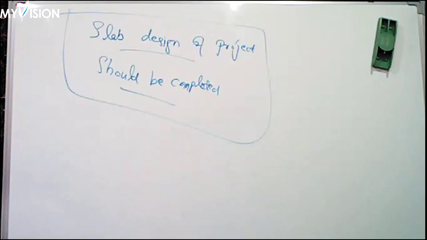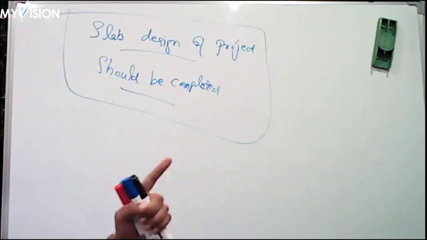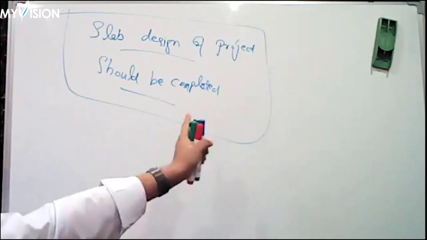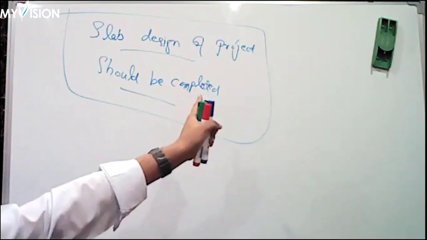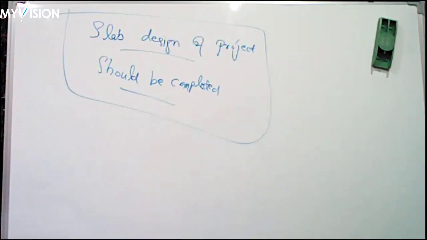If you want to score good marks, you have to submit all the tasks on time. So, in the next class after the holidays, I will check the first step of your project, that is the slab design. You have to submit your slab design.